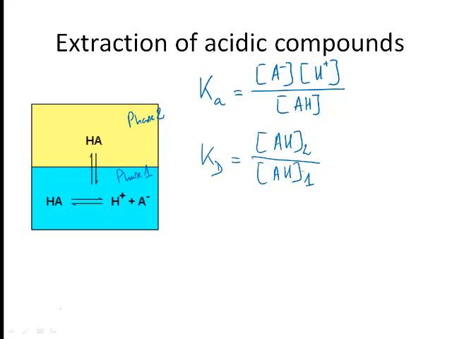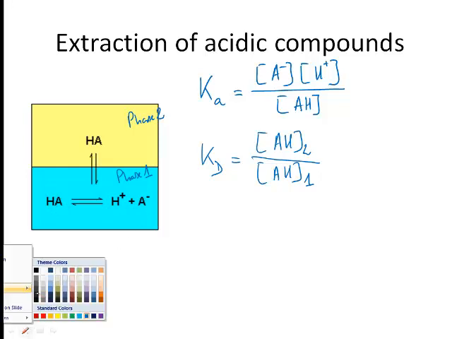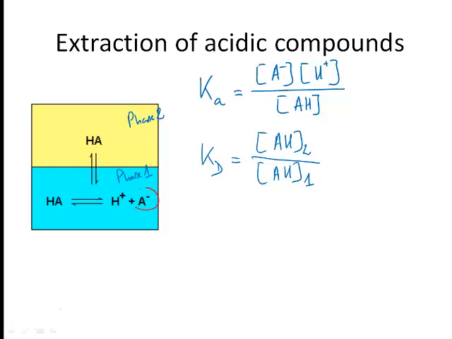But those two equations and those two equilibria are intrinsically linked. So if, for example, we push AH away from its equilibrium towards the more dissociated A- compound, we're going to pull the equilibrium here to the right, and by reducing the concentration of AH in phase 1, we're going to pull this equilibrium here downwards.